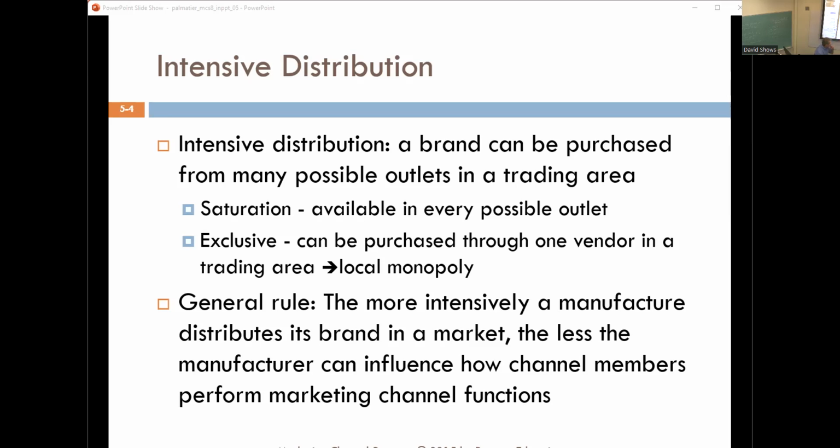The general rule says that the more intensive I am in terms of my distribution, the less influence I have as a manufacturer on how those channel members perform their channel functions. I reduce my ability to strong-arm vendors, strong-arm retailers, downstream partners, when I simply flood the market with as many ones as I can.